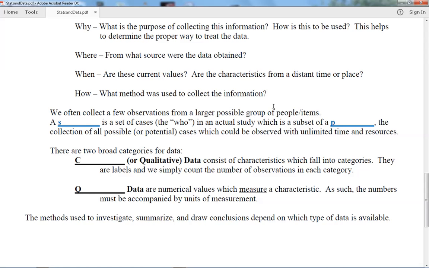The other broad category is called quantitative, sort of like the word quantity. Quantitative data are numerical values which measure a characteristic. As such, the numbers must be accompanied by units of measurement. The methods we use to investigate, summarize, and draw conclusions depend on which type of data is available.